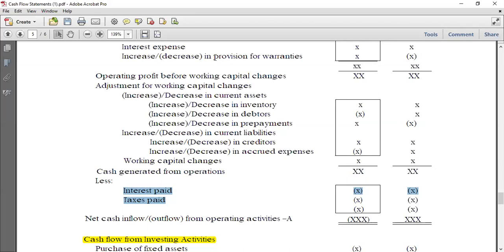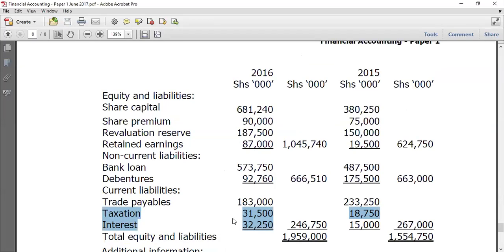Now, one of the things that I want you to know, and I think we've done something very similar when we were looking at one of the questions, is this. This is our balance sheet, and once you see taxation and interest sitting under your current liabilities, it means that these are basically outstanding obligations, okay?